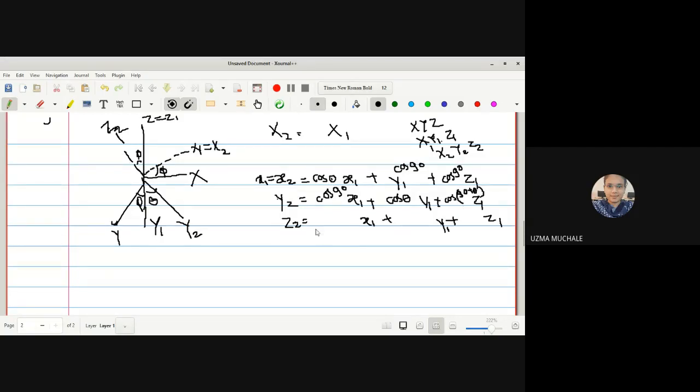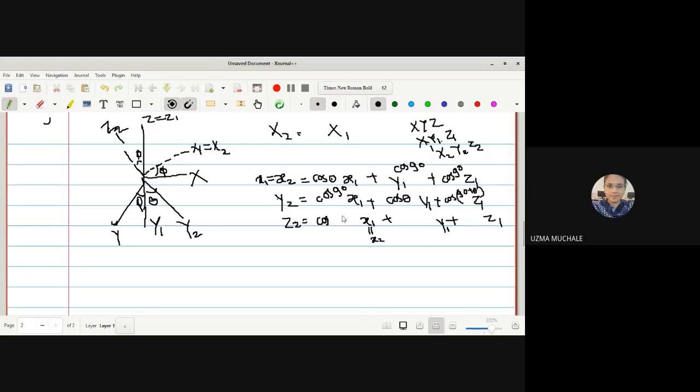Next, what is the angle between Z2 and X1? But consider here X1 is nothing but your X2. Here we have written X1 is equal to X2. So what is the angle between X2 and Z2? Cos 90 minus theta.